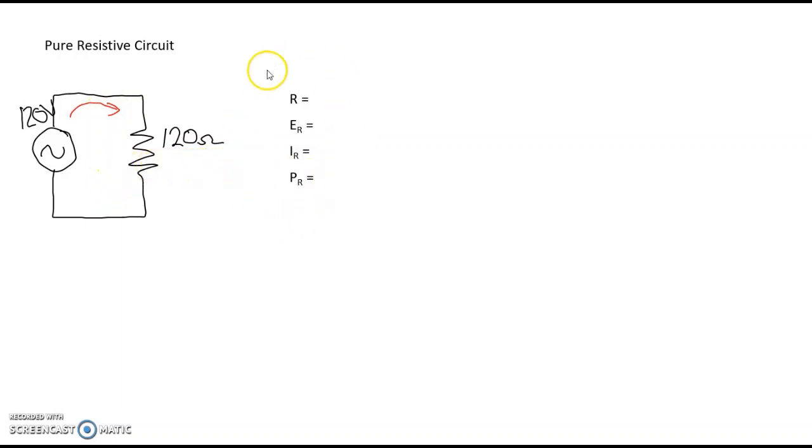And we're going to calculate these values over here. The resistance of the resistor, we're given, is 120 ohms. The voltage E sub R is 120 volts. We only have one load in this circuit.